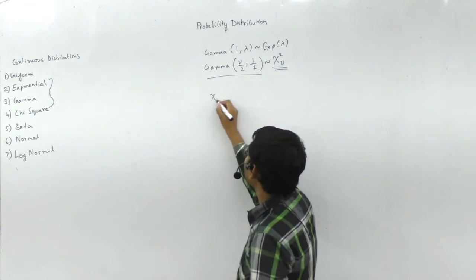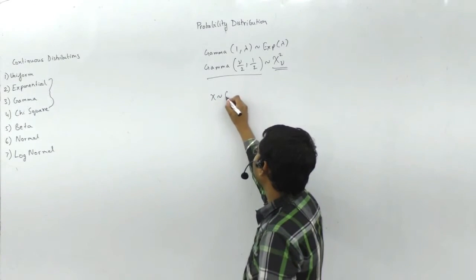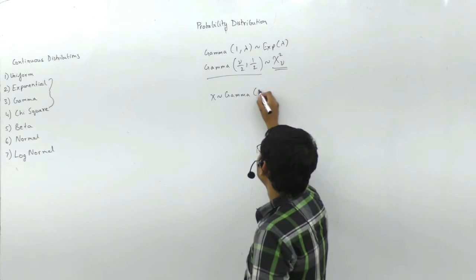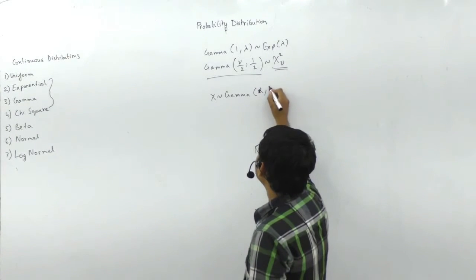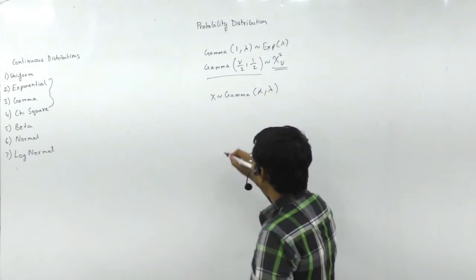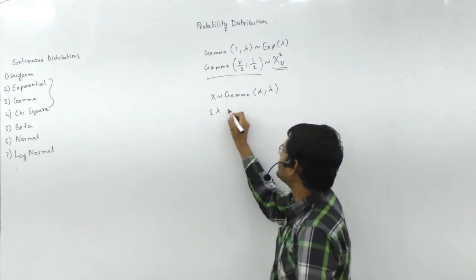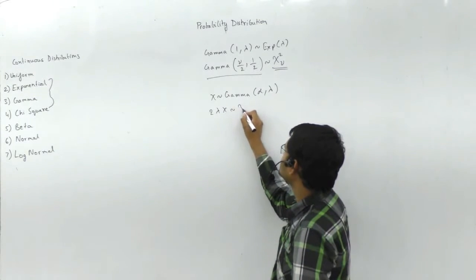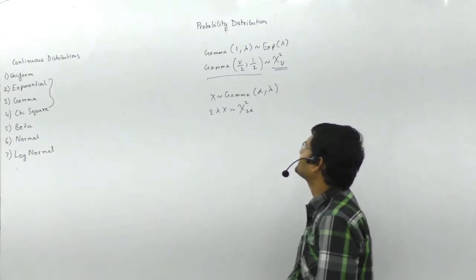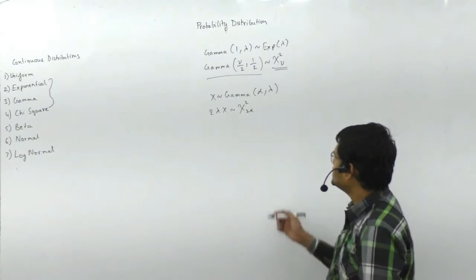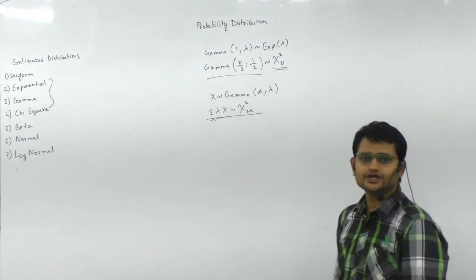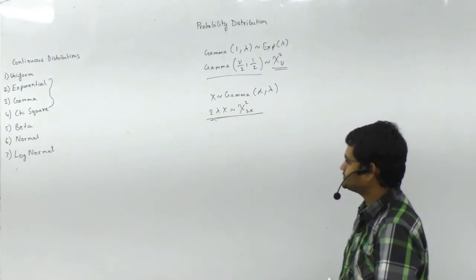If I have a particular variable x that follows gamma distribution alpha comma lambda, then 2 lambda x follows chi-square 2 alpha. Simply, this is how we convert every gamma distribution into chi-square distribution.